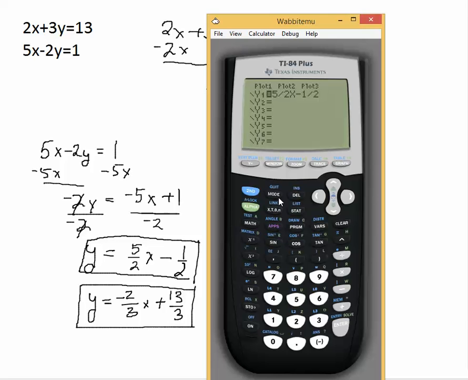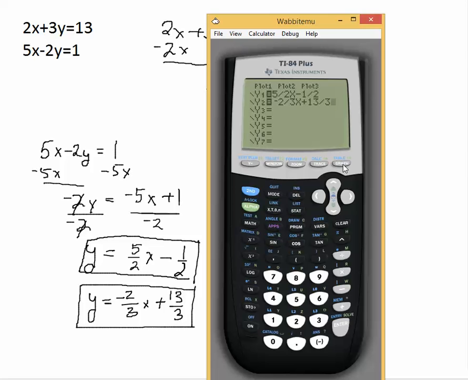That's our first equation. And now we're going to enter the second equation. We have negative 2 divided by 3 x plus 13 divided by 3. Now we have those two equations entered.